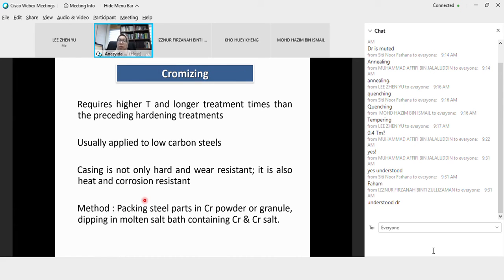So normally what they will do, they will put a powder of chromium tadi, and then dia akan spray dalam machine, macam blasting tu lah, tapi powder tadi dia akan letak dalam satu compact. Kalau granule tadi lah, kalau kita guna granule, or we can use dipping concept. We use a liquid containing chromium. We use salt lah, kita soaking dia dalam liquid.